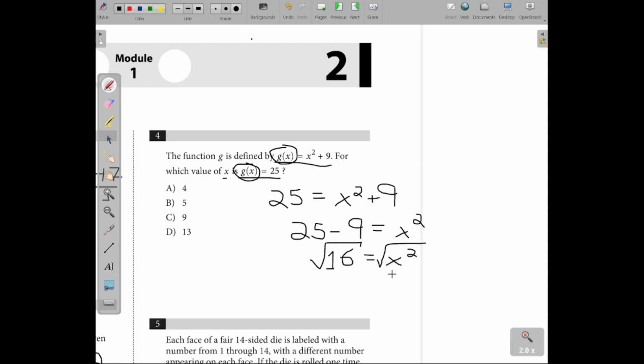We apply square roots to both sides. This simplifies with this one, so we have that. And the square root of 16 is 4, because 4 times 4 equals 16. This 2 simplifies with the square root, so we have that x is equal to 4, which is answer A.